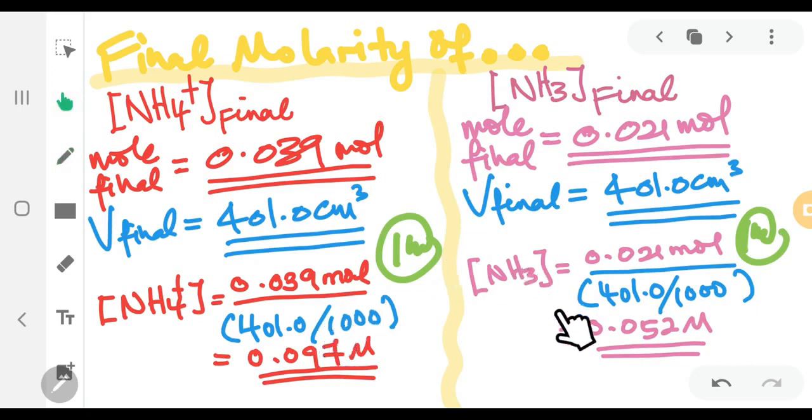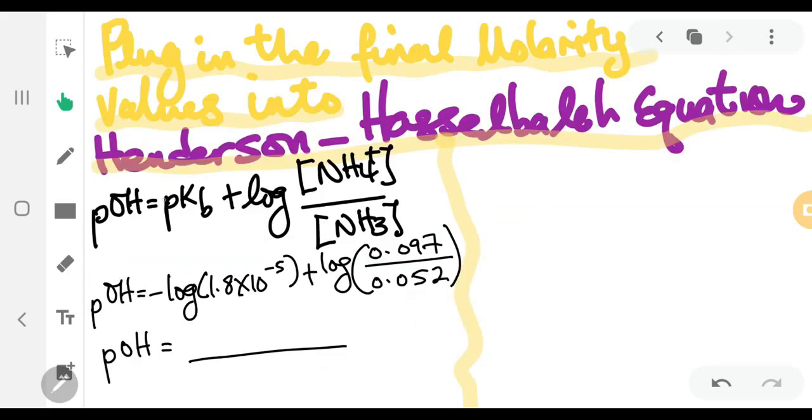You take the final molarity now. Finally, you can put that into your Henderson-Hasselbalch equation. So the concentration of your conjugate acid here is 0.097. For this one, NH3, the concentration of your weak base is down here, 0.052.